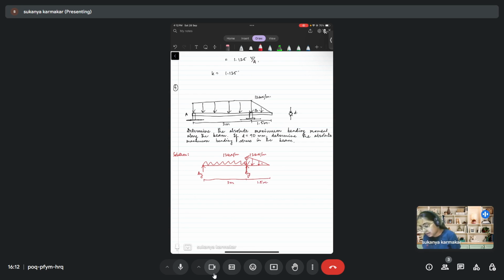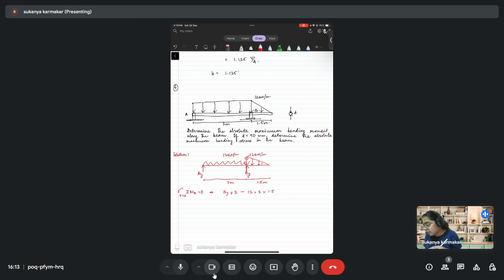Now I will calculate By. For calculating By, let's take the moment about point A. So summation of moment about point A is equal to 0. So By into 3, minus, I am taking anti-clockwise to be positive, minus because of the UDL, intensity is 12 into 3 into 1.5.